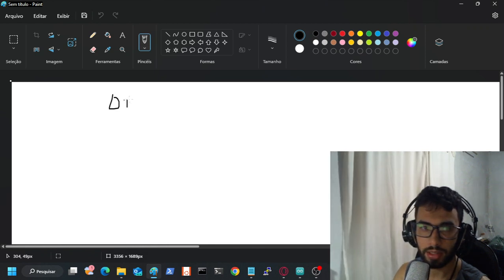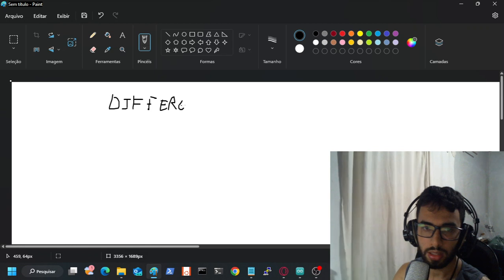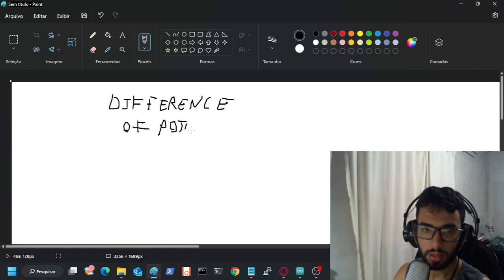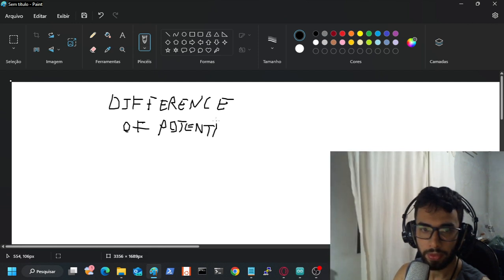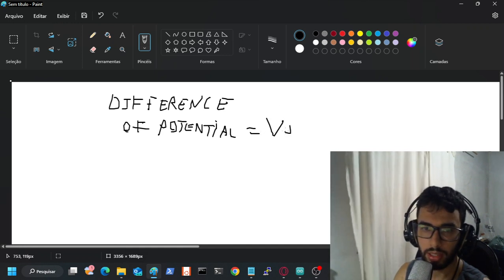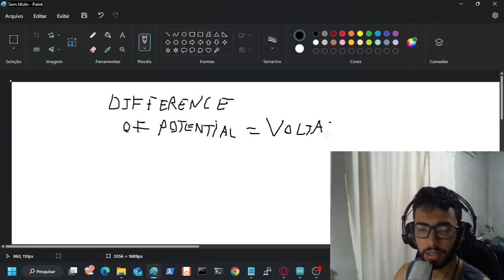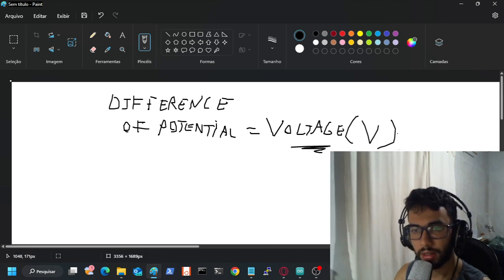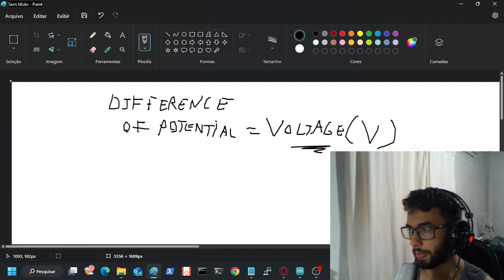The difference of potential. Basically it means voltage, also known as voltage, denoted by V.